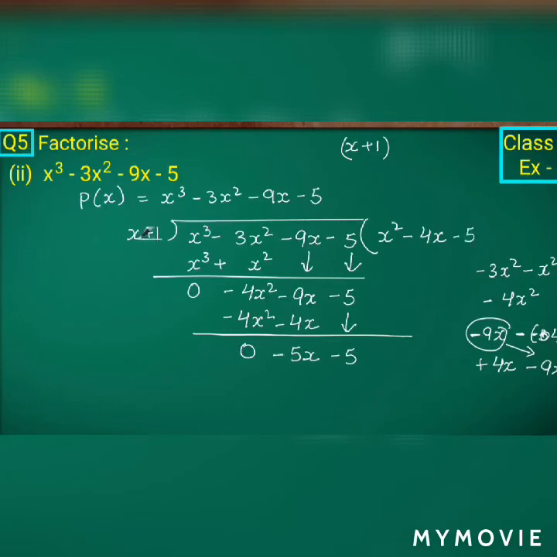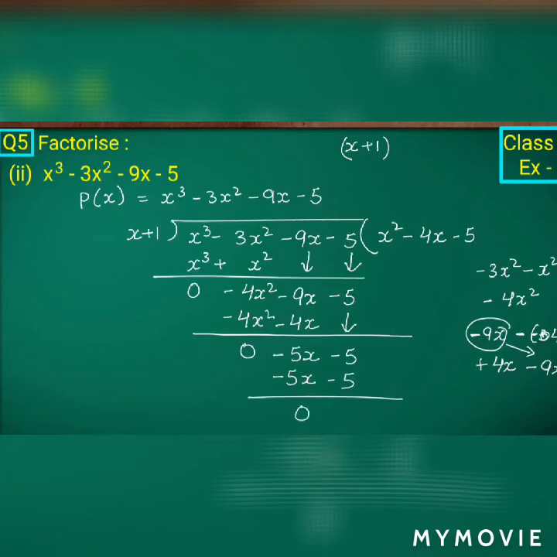Minus 5 into x is minus 5x. So minus 5 into plus 1 is minus 5. So minus of minus will become plus, isn't it? So minus 5x plus 5x becomes 0, and minus 5 plus 5 again gets cancelled. So we are getting 0.